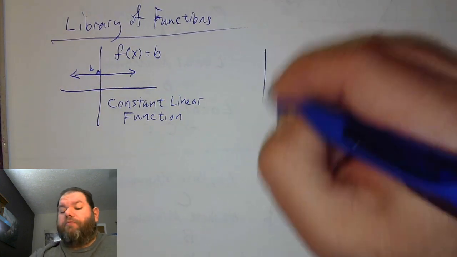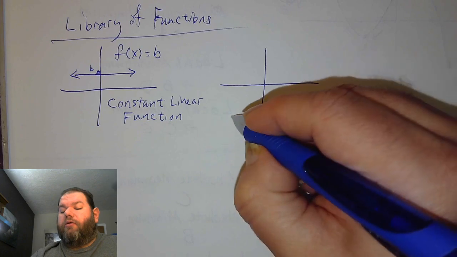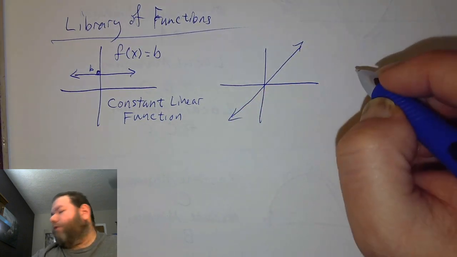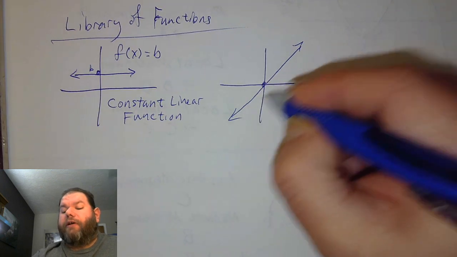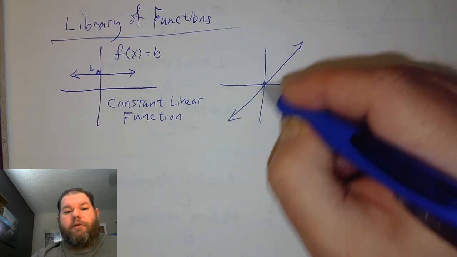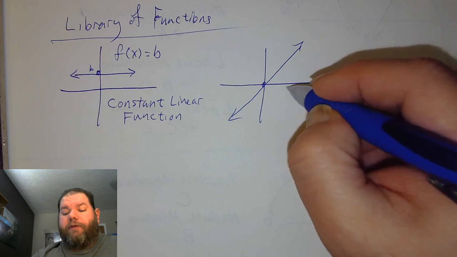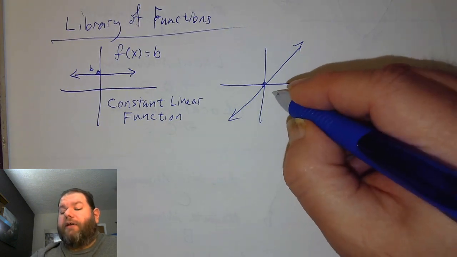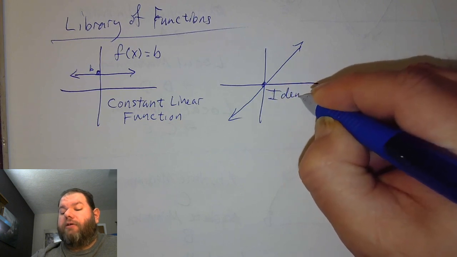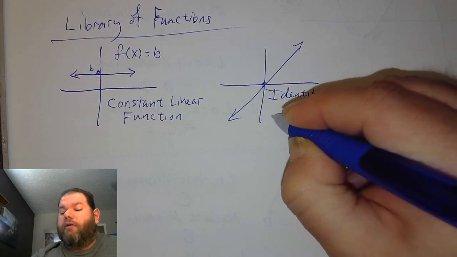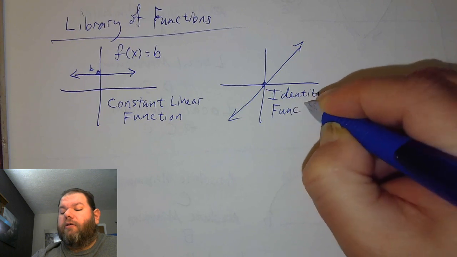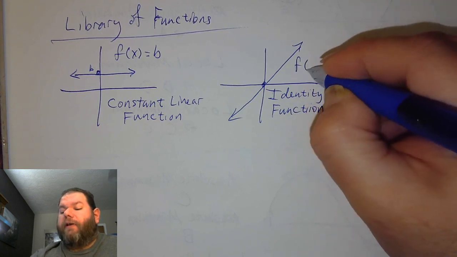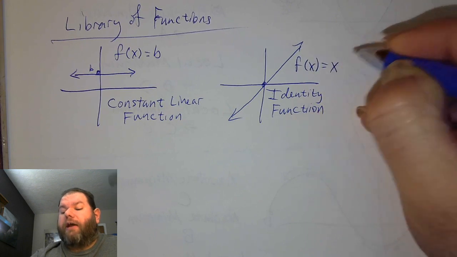Now, we have a second linear function where it goes through the origin and is basically like a perfect diagonal, 45 degrees above the horizontal. This is called the identity function. It is also linear, but in this case, f of x is equal to x.